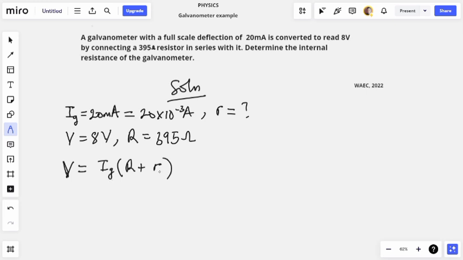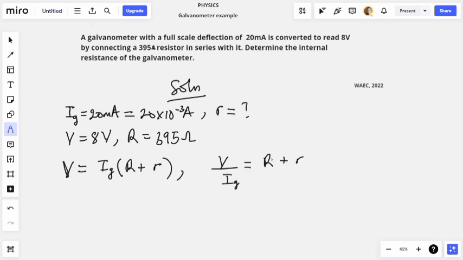Since we are looking for this small r, we are going to make small r the subject of the formula. So this will be V divided by galvanometer current; that is, you divide both sides by I subscript G. What will be left on this side will be big R plus small r.